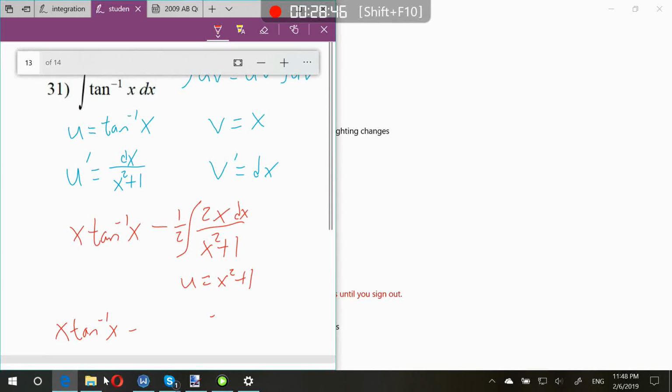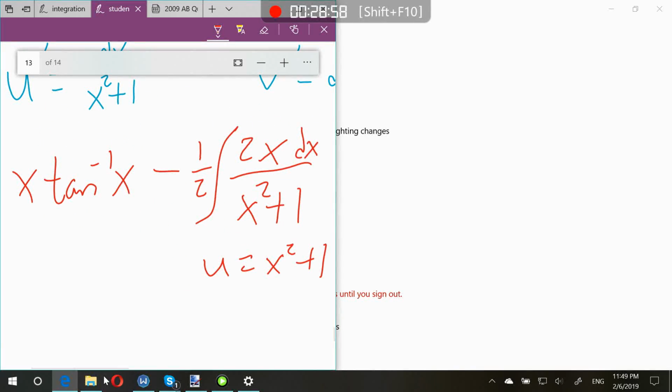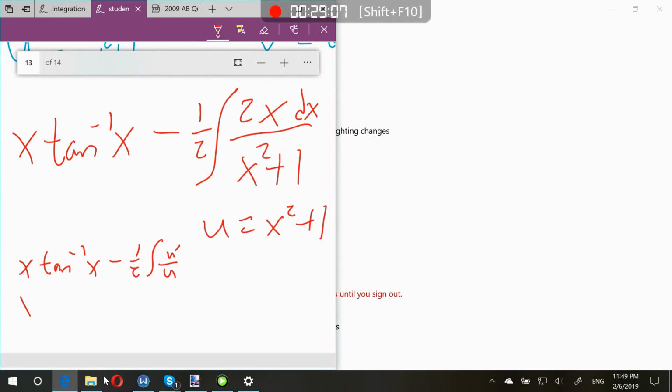I'm going to erase so I have a little bit more space. U prime is 2x dx. This was x times the arctangent of x minus 1/2 times the integral of u prime over u, which we said was x times the arctangent of x minus 1/2 ln of u, where u is x squared plus 1, plus c.